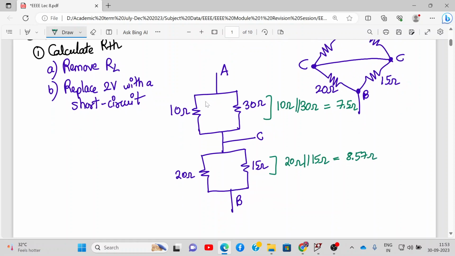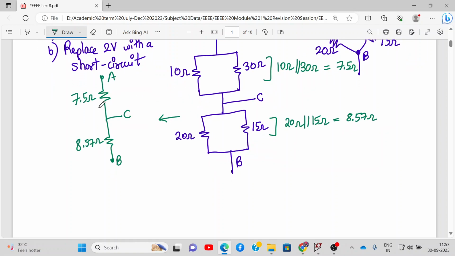Alright, let me redraw the circuit now. So here we have A, then we have 7.5 ohms, then we have C, and then we have 8.57 ohms resistance. This is B, this is A. So what will be RAB? RAB will be the series combination of these two resistances.